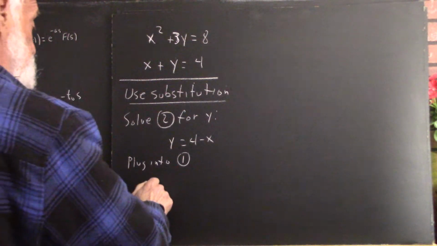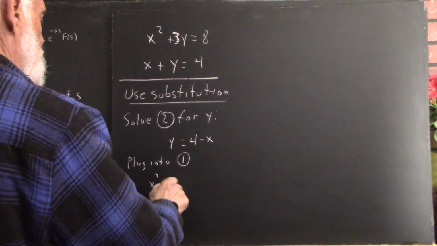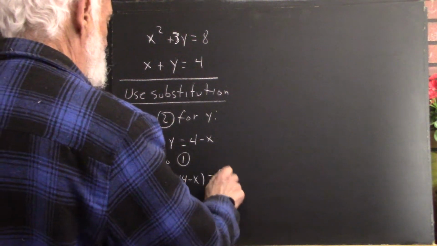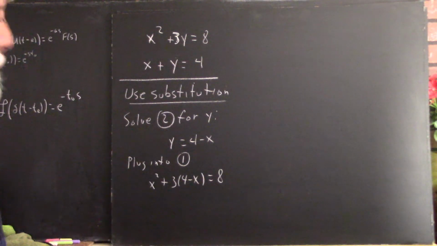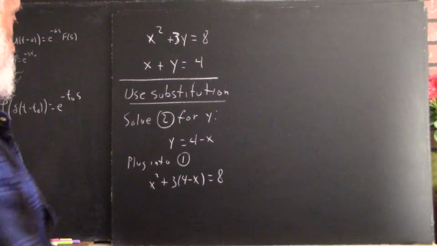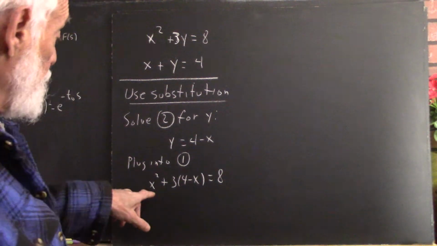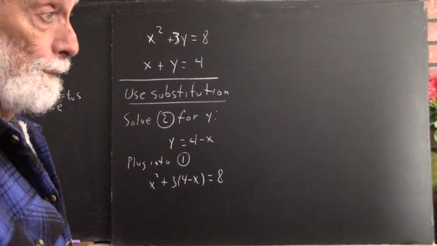Excuse me, and we get x squared plus 3 times 4 minus x equals 8. Well, this is going to be a very easy equation to solve. We recognize this as a quadratic equation.